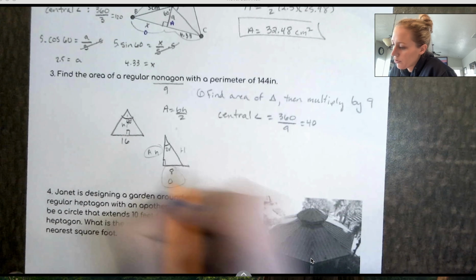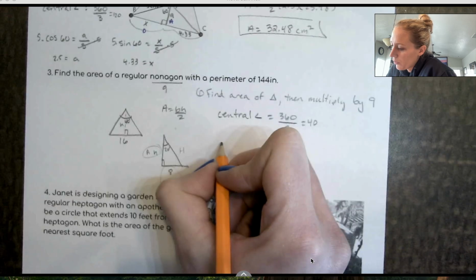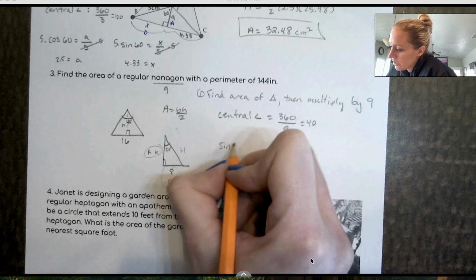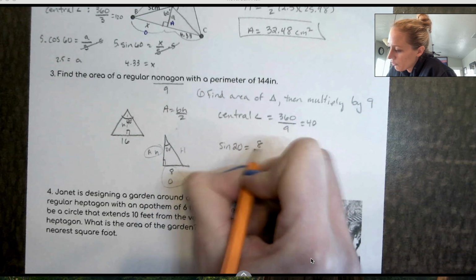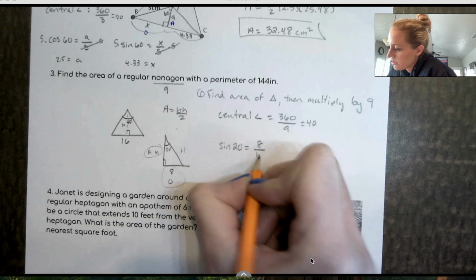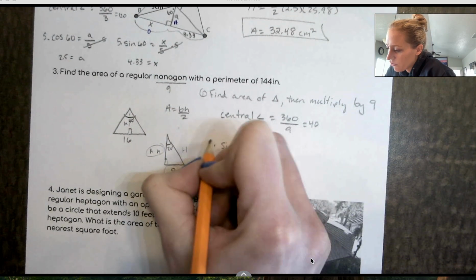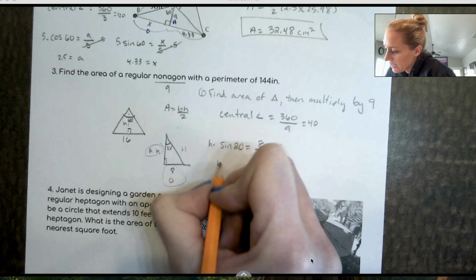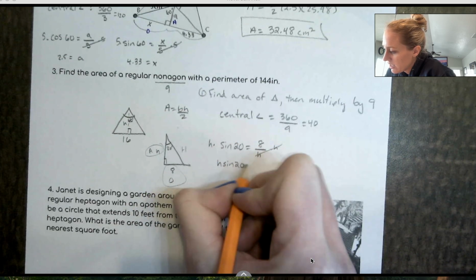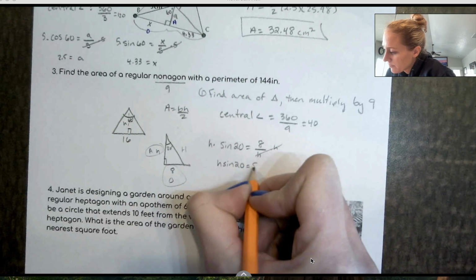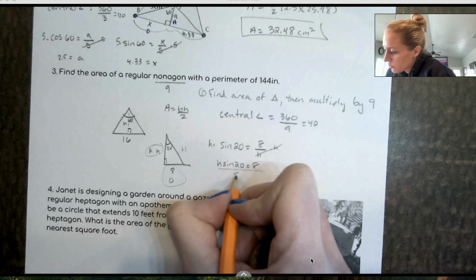There's my opposite, adjacent, hypotenuse. So I'm going to use O and A. Sine of 20 equals opposite over adjacent. Now in this one, I do have to get h out of that fraction first. So I've got h sine 20 equals 8. And then divide by sine 20 on both sides.